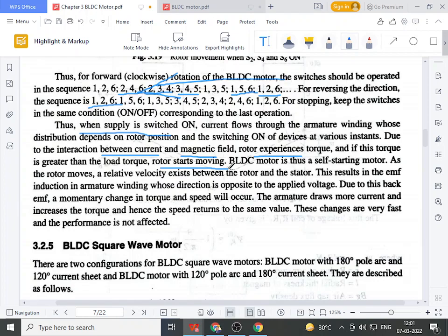So 120 into 50 divided by P: 4-pole 1500, 2-pole 3000, 8-pole 750. That is standard. So a 4-pole motor is 1500.